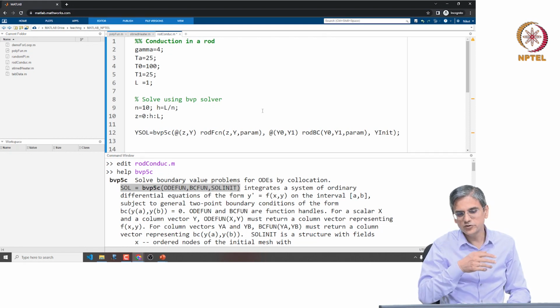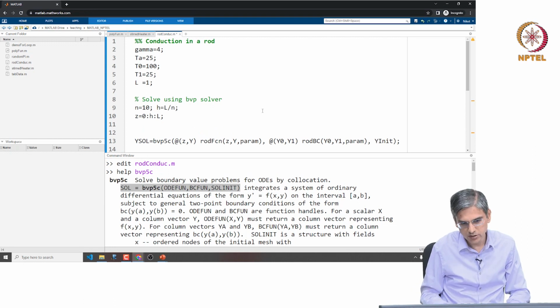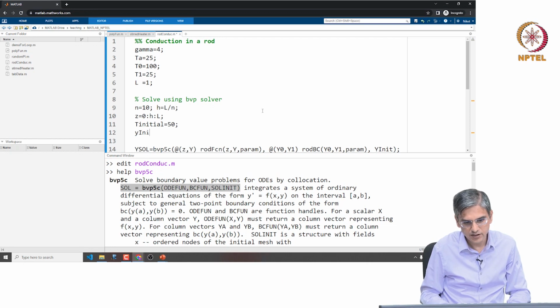Let us say we want to initialize everything uniformly at say 50 degrees Celsius. Okay. So T initial equal to 50 and y initial equal to 0.